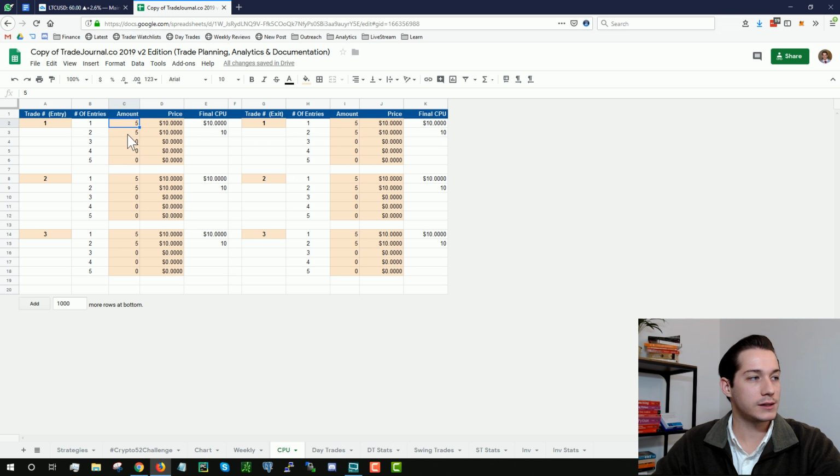So let's say we were buying some Bitcoin, and Bitcoin right now is roughly at $4,000. So we buy 0.5 Bitcoin at $4,000, and we're looking to build a longer position. You know what would actually be nice? You can always move the decimal places over so you can see a bit more.